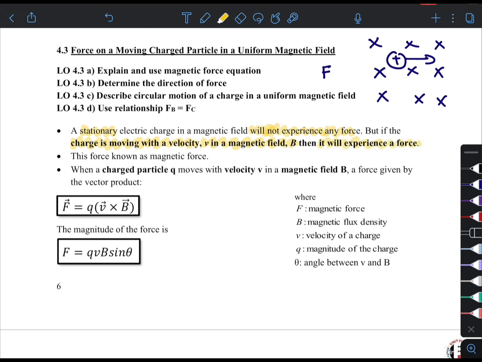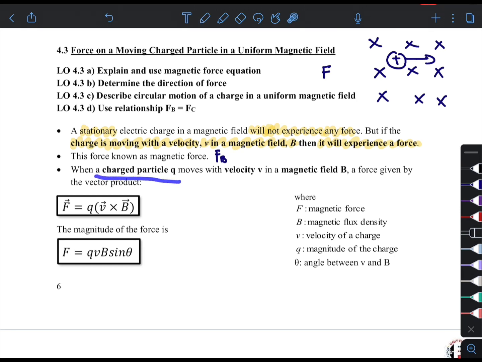So you will only experience force F when you have a charge moving in a uniform magnetic field. This force is known as magnetic force. We use the symbol F, subscript B, to indicate the magnetic force here.